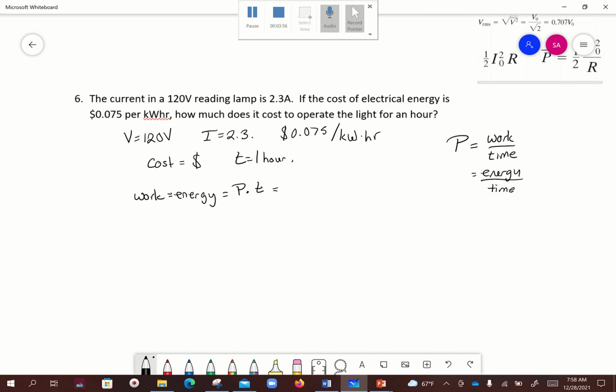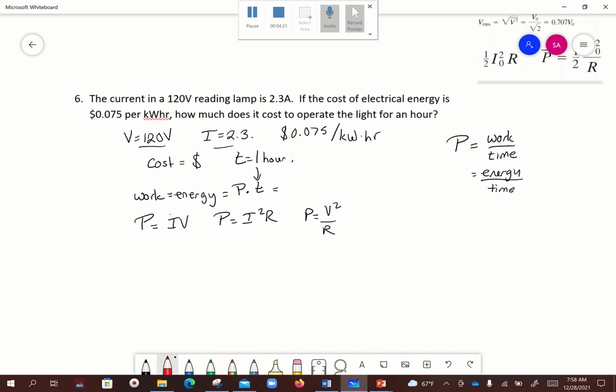So I'm given the time is 1 hour. I've got V and I can figure out the power. So what's the power? I've got those three equations. Power equals IV, power equals I squared R, power equals V squared over R. Which equation do I use? We'll again go through.